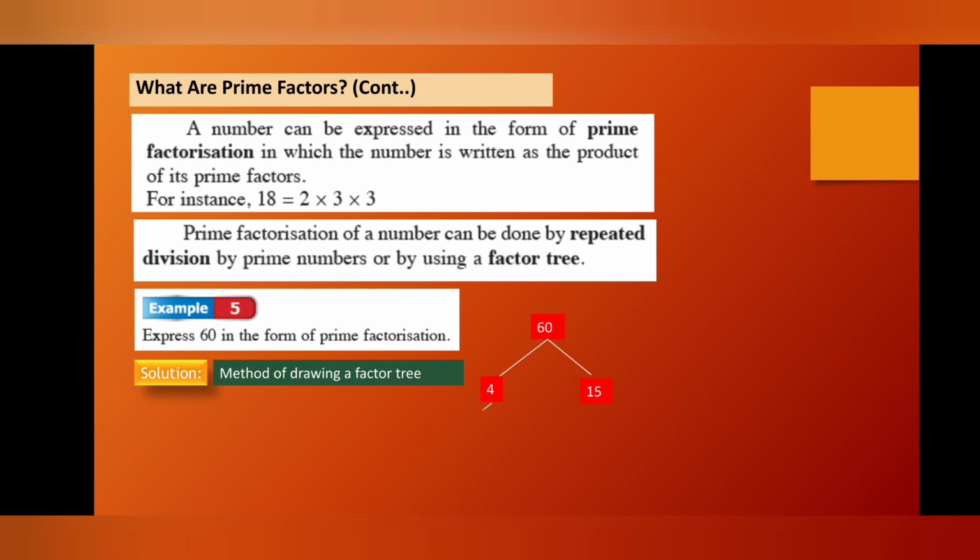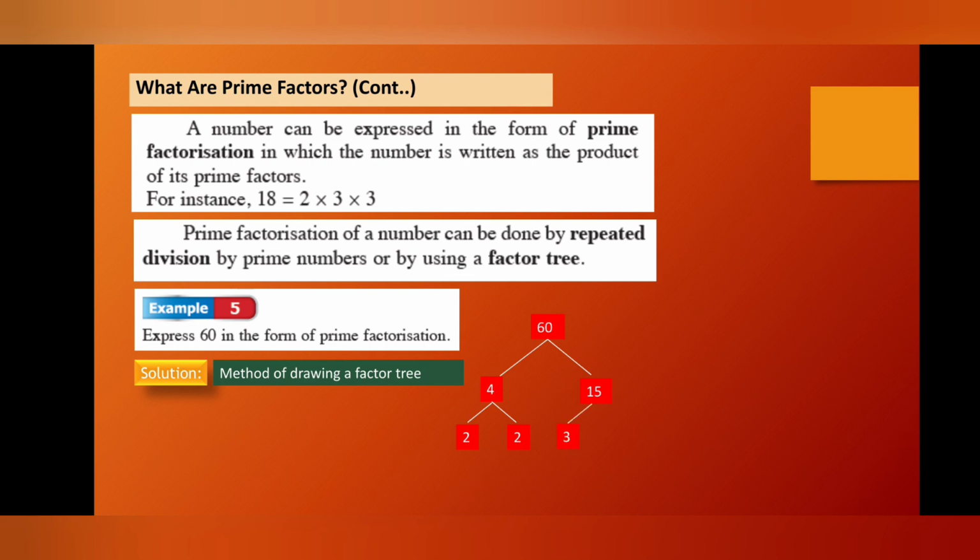Next, 4. What number can multiply with what number to get 4? 4 divided by 2 gives 2, or 2 multiplied by 2, the answer is 4.